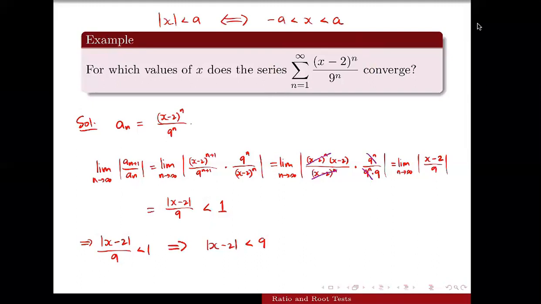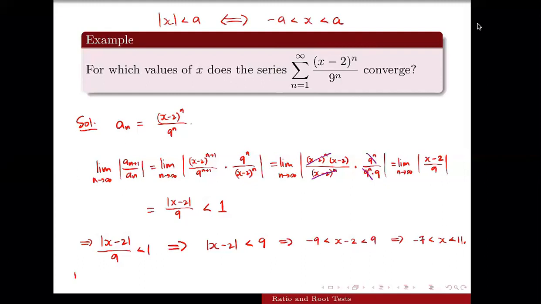So using this property, we will have minus 9 less than x minus 2 less than positive 9. Or that, you add 2 on all parts, you will have minus 7 less than x less than 11.